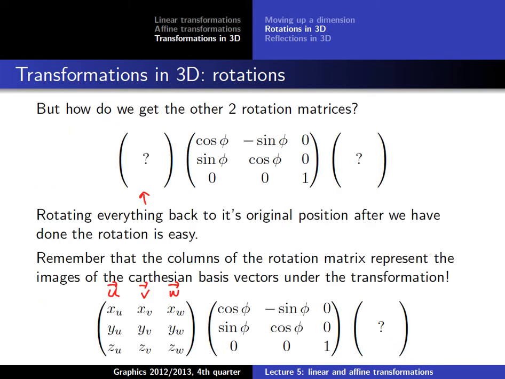So we just have to write them down. Nothing to calculate here. And then, of course, we can make the inverse here, and then we also get the original transformation matrix, the rotation matrix.